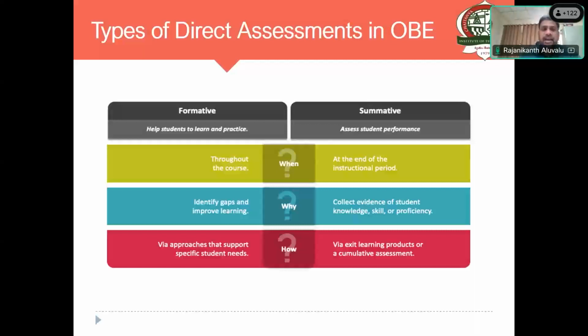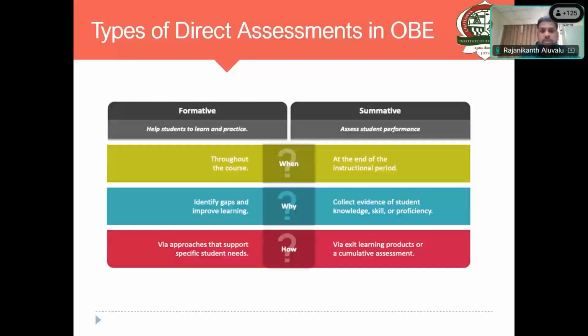And the in-class assessments are considered as the formative assessments. And of course, for the final grade calculation, the scores from formative and the scores from summative together will be taken into consideration.